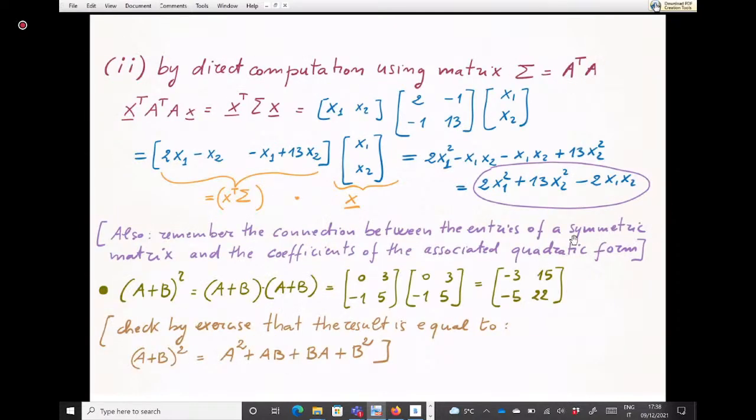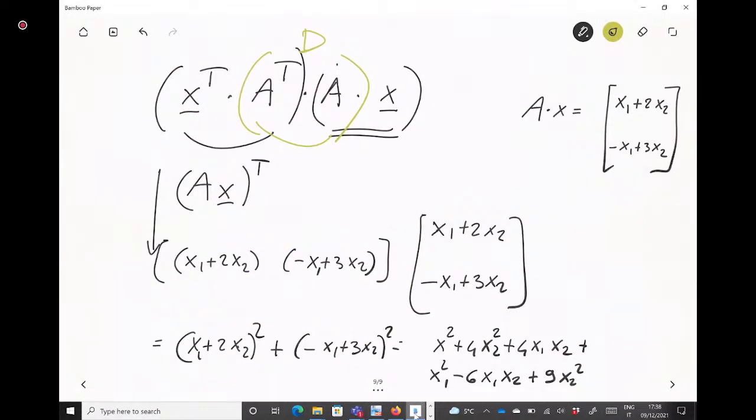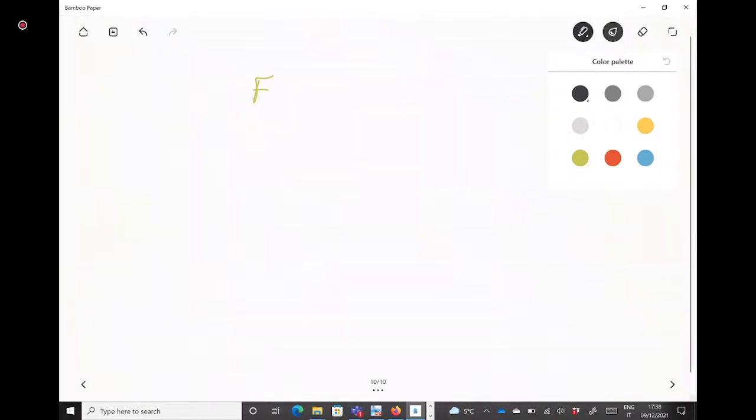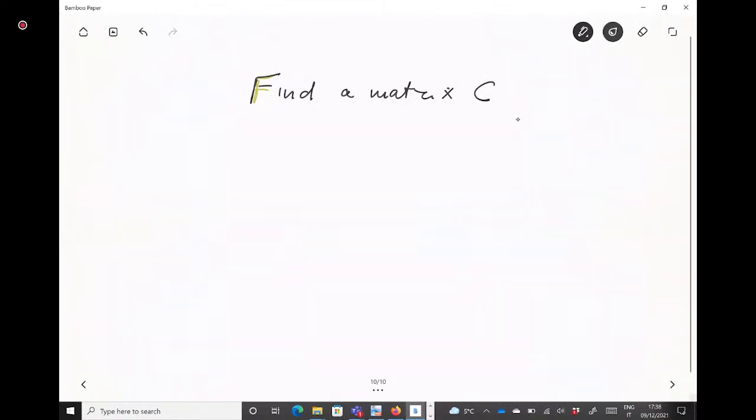Now, there is another thing I want to show you. Final question here for this exercise. We do have a matrix B here, so find the unique matrix C satisfying C times B squared is equal to the identity, in this case of order 2, of course.